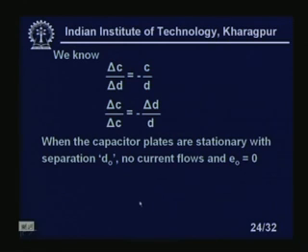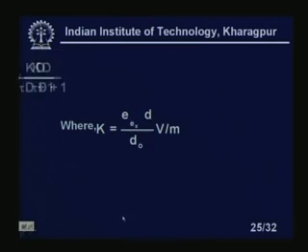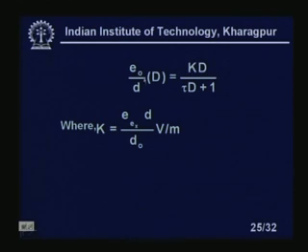When the capacitor plates are stationary with separation D naught, no current flows and the output voltage will be 0, as I told you earlier, right. If there is then a relative displacement Di from the position D naught, a voltage E naught is produced and is related by this expression: E naught by Di equals K tau D s by tau D s plus 1.